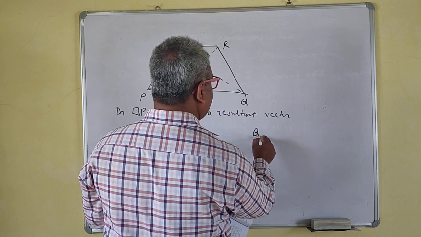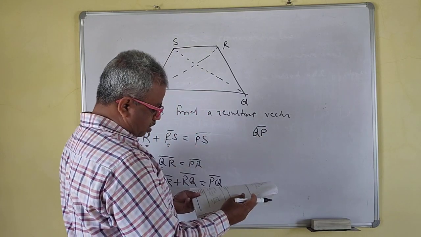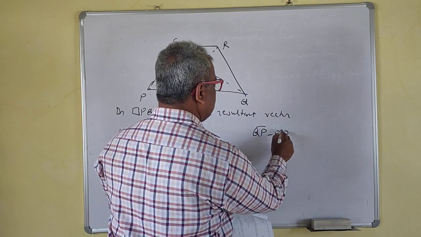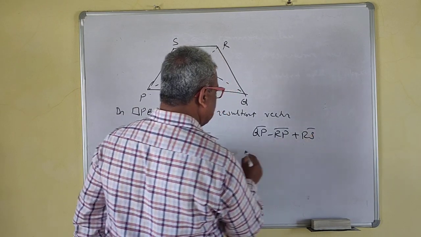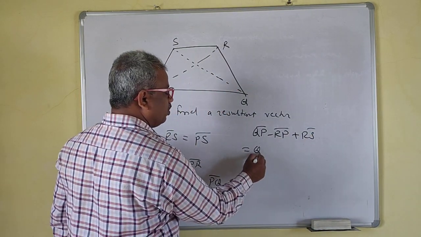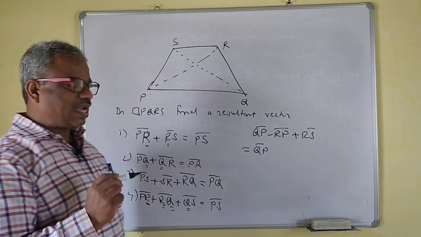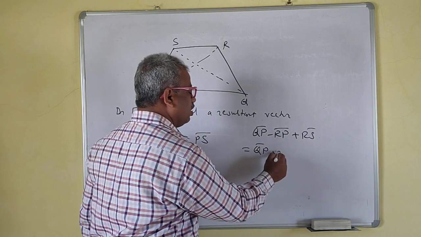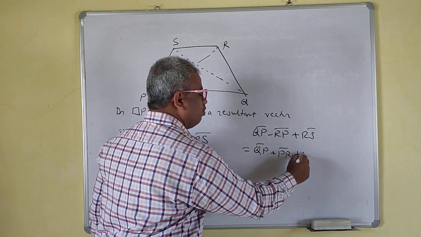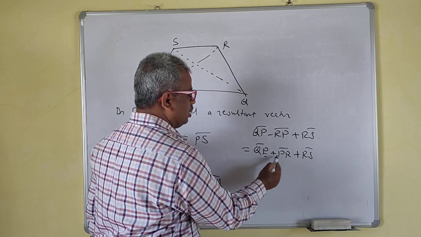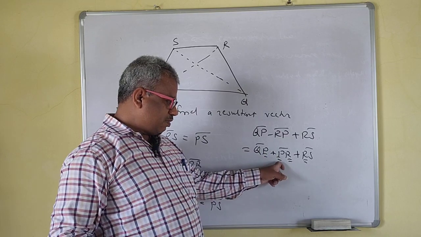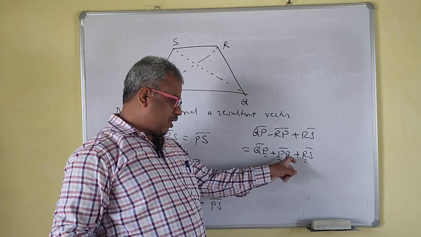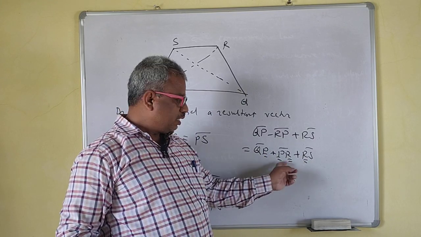Now QP bar minus RP bar plus RS bar. Here the negation sign is there, so we'll write plus and we'll change the direction only. So this is PR bar plus RS bar. Now see here, these are the same. For the terminal point and initial point, they are the same.